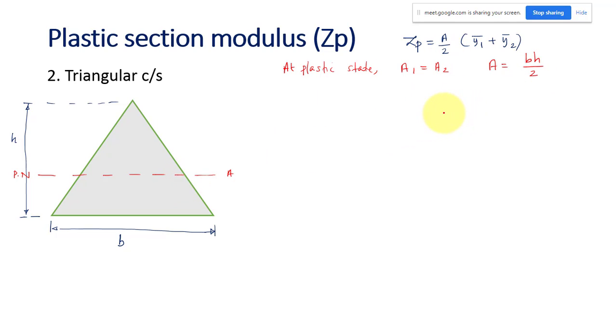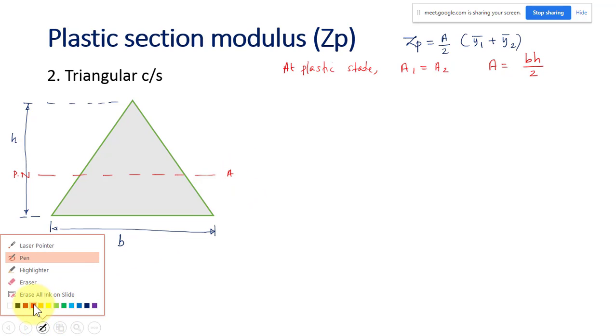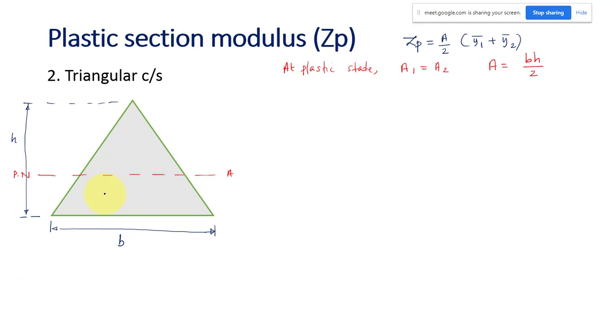I will assume this is my plastic neutral axis, and let us say this width is B dash and this height is h dash.